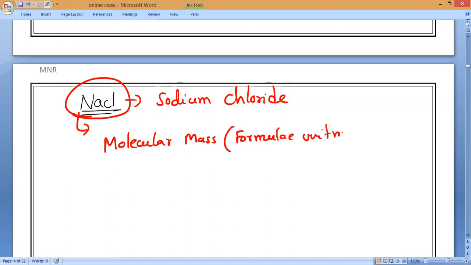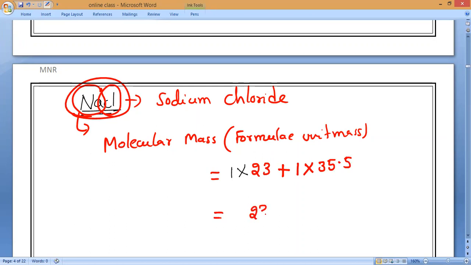Formula unit mass of this one is equal to the number of atoms of the first element, 1, into the atomic mass of the first element, 23, plus 1 into the atomic mass of the second element, 35.5, which is equal to 23 plus 35.5. Which is equal to how much? 58.5.